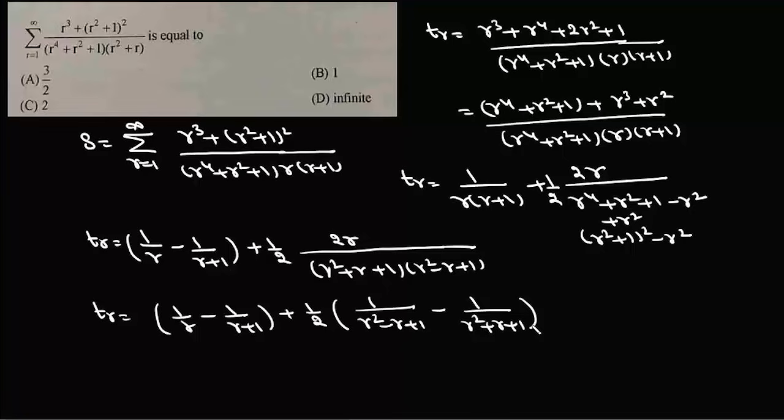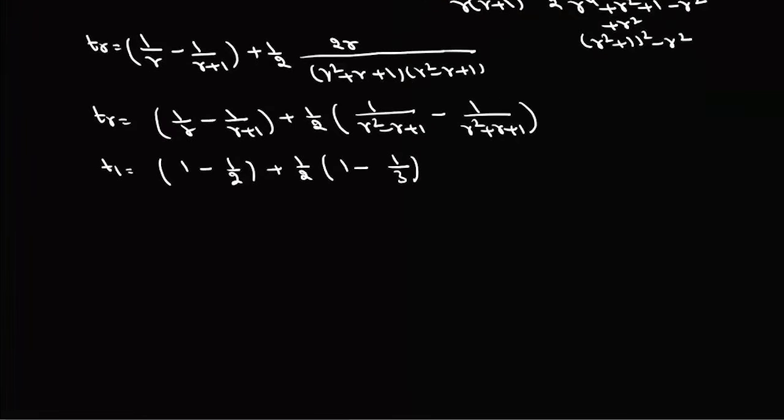Now it is a telescopic summation. So we'll put the values of t. T1 will be 1 minus 1 by 2, plus 1 by 2 times (1 minus 1 by 3). For the second term, we'll put r as 2, so it will be 1 by 2 minus 1 by 3, plus 1 by 2 times (1 by 3 minus 1 by 7), and we'll continue.